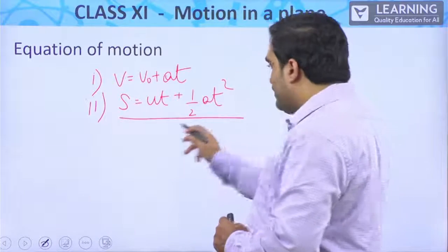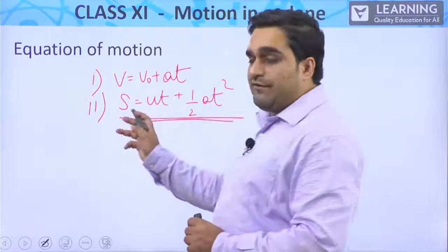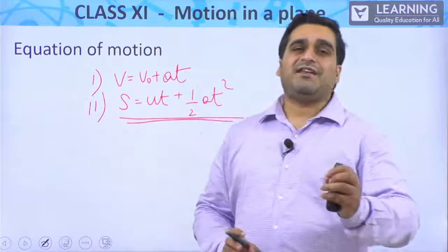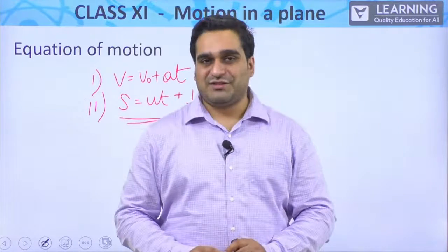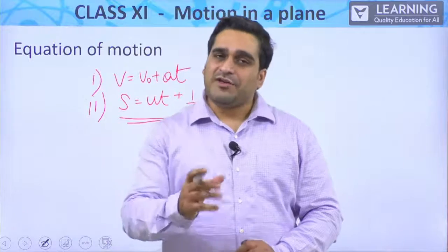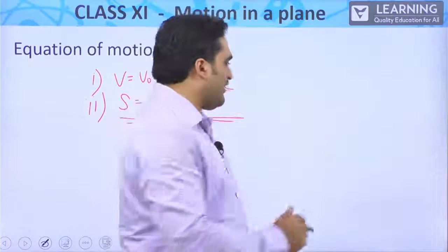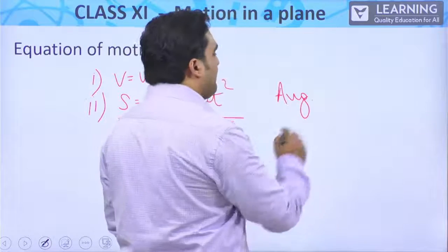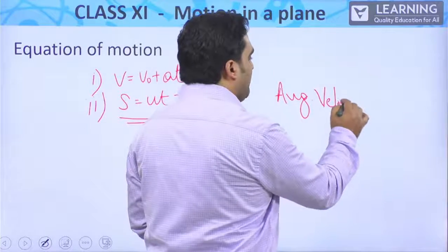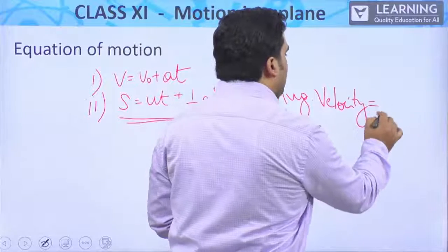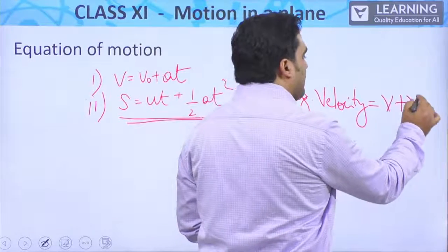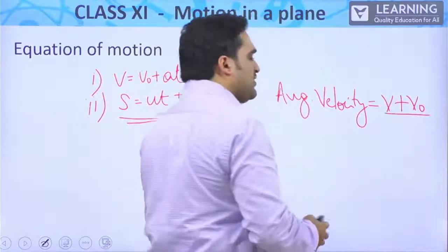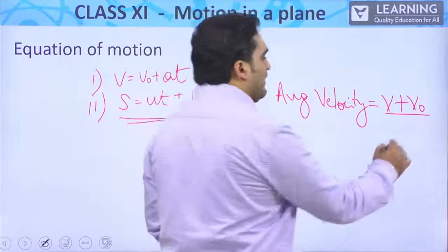And how do you obtain this? We obtain this by defining what is an average velocity. Where you calculate this average velocity, so let me put that as avg to show average velocity, which is equal to the sum of initial and the final divided by 2.